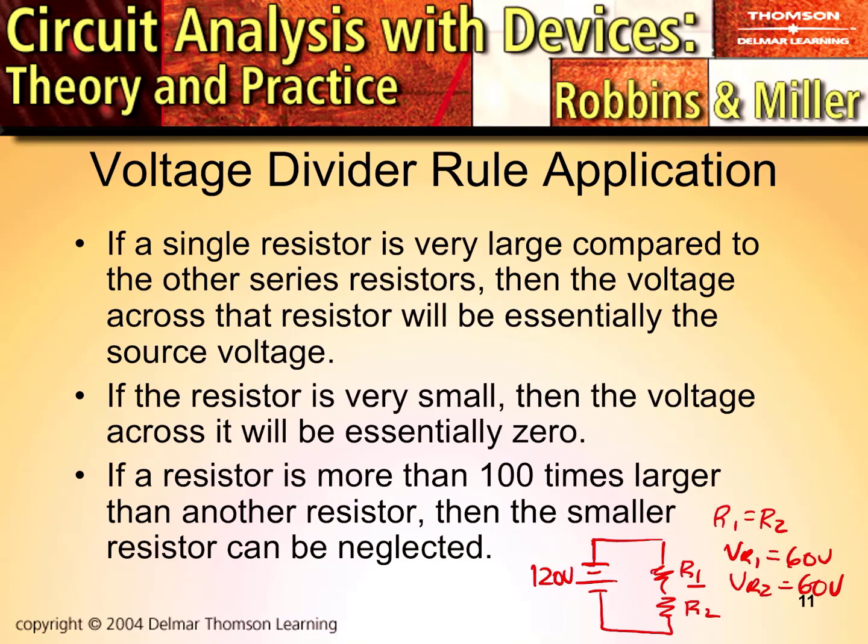Okay, so let's just take a look at this slide. If a single resistor is very large compared to the other resistors, then the voltage across that resistor will essentially be the source voltage. So this really is going back to our open circuit voltage as well. So let's say we had a circuit with an open circuit in it like we investigated in our E-Lab. If this is infinite resistance, and this is even 100 k ohms, infinite resistance is more than 100 times any value.